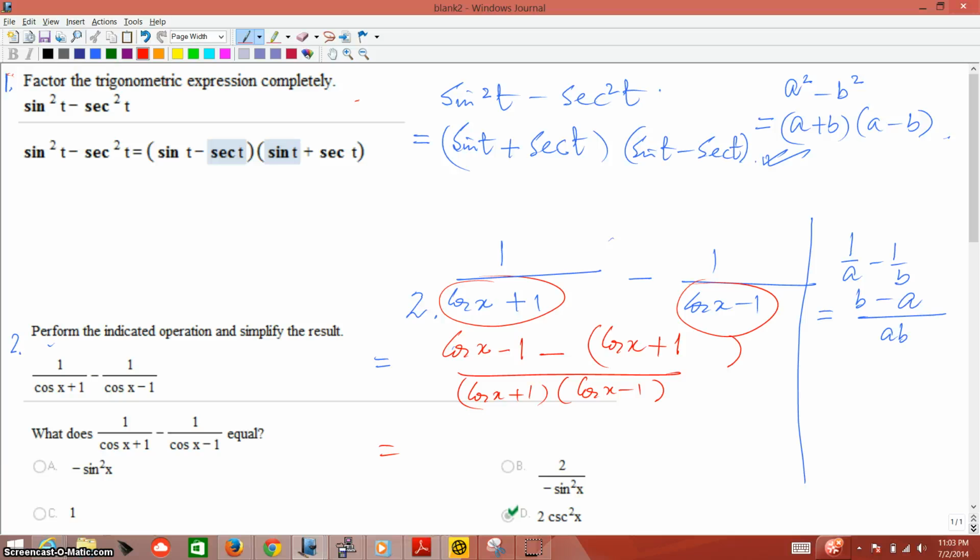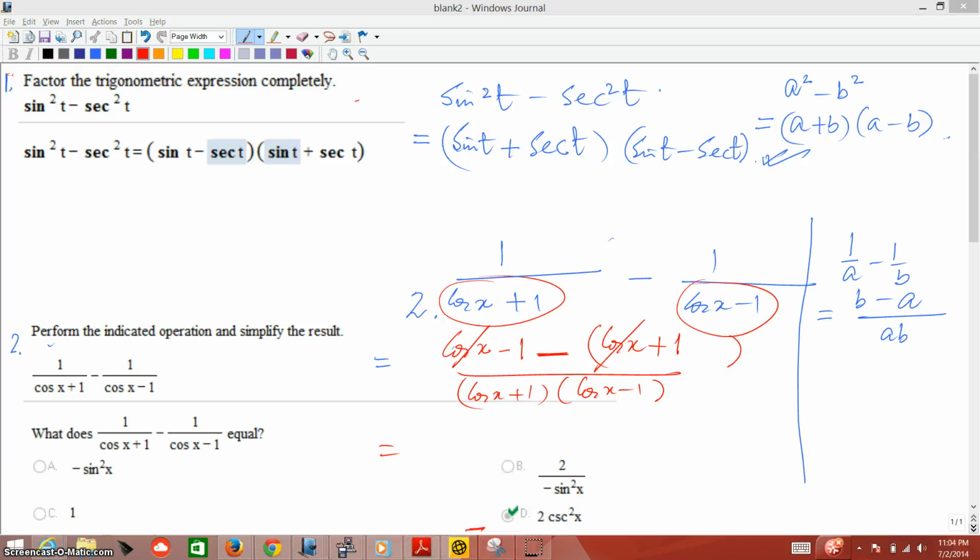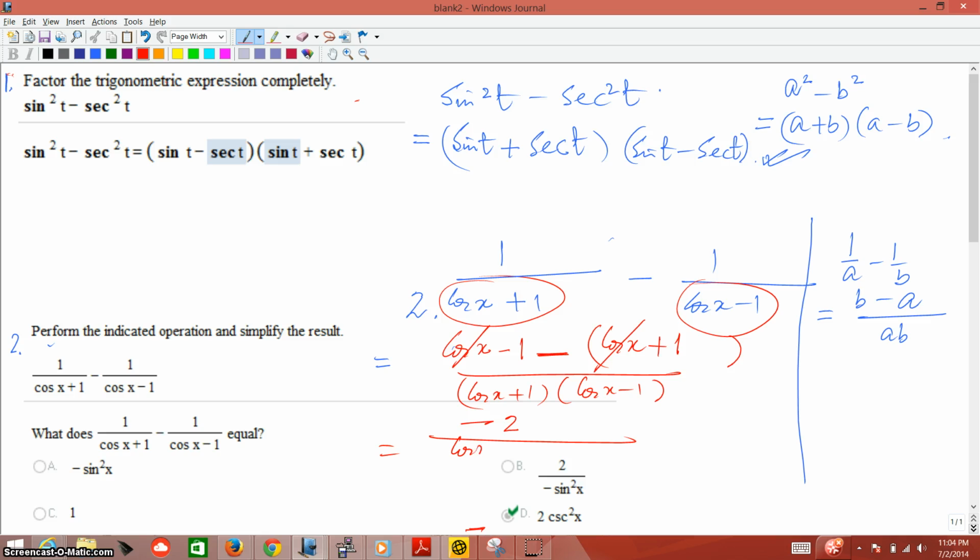And if you take this negative sign and distribute over each term, you can find out that these two are opposite in sign, so they will be cancelled and you are left with negative 2 over cosine x plus 1 times cosine x minus 1.